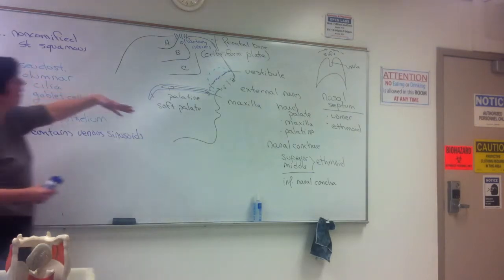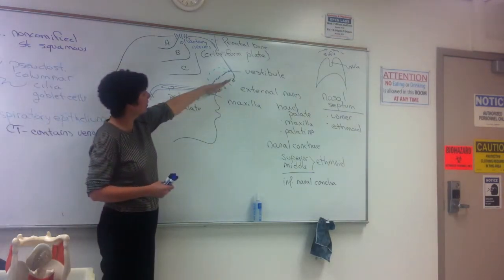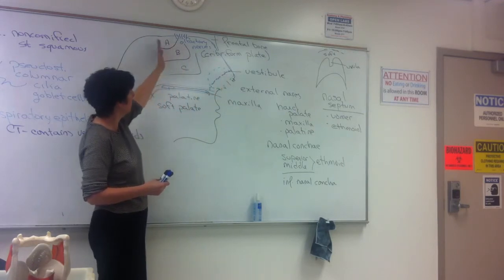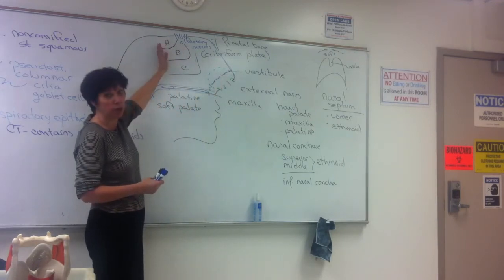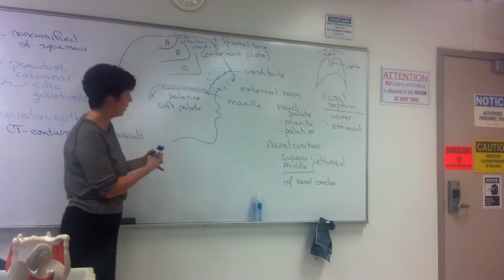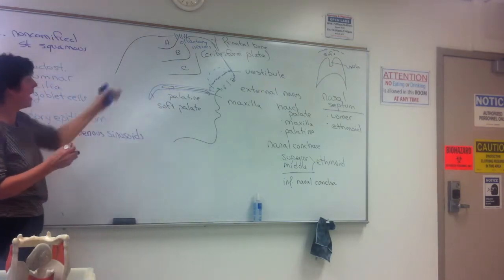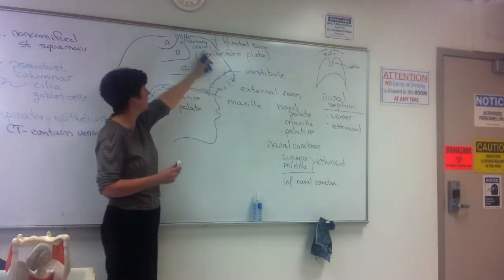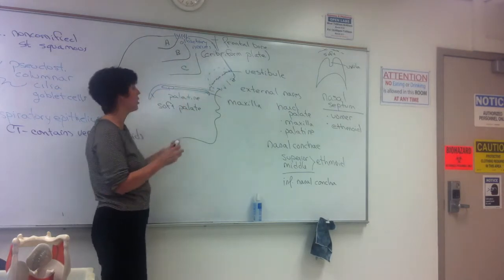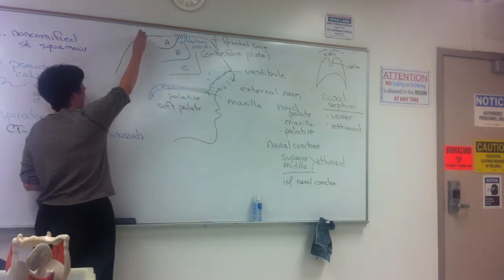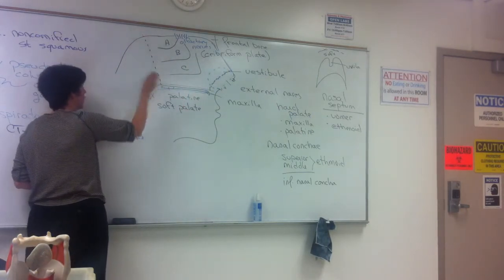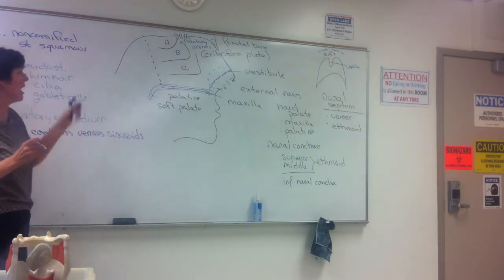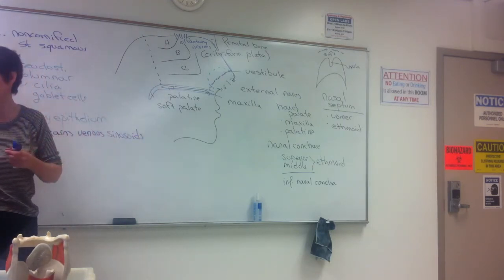All right, so air now has flown by these hair follicles and gotten filtered, flown through the vestibule over the turbinate or nasal conchae and become warm and moisturized. And now it passes from the nasal cavity, which is this space here where we have the conchae. It passes through this opening right here, which is the internal nares.